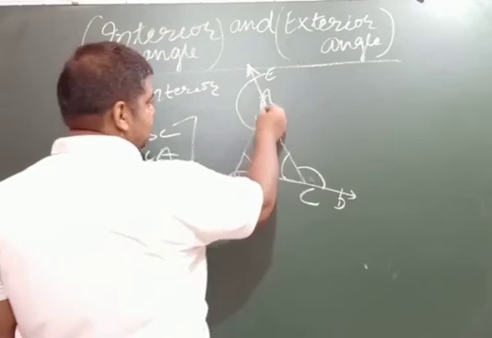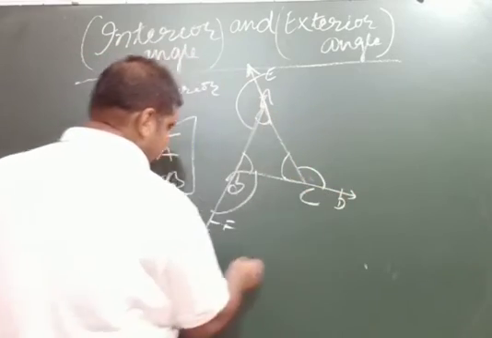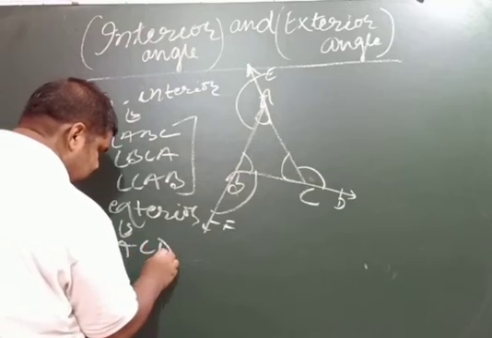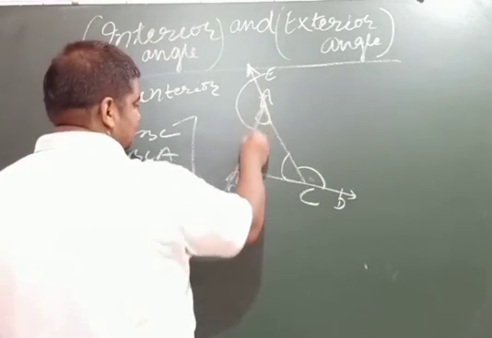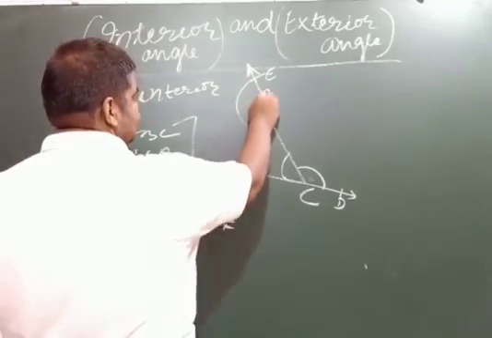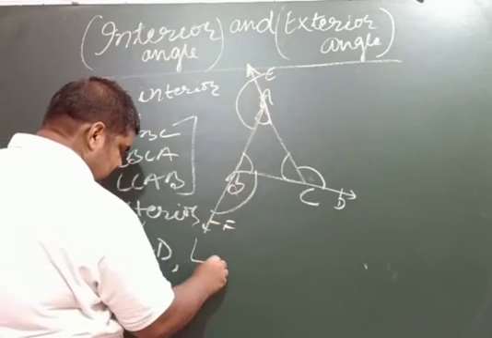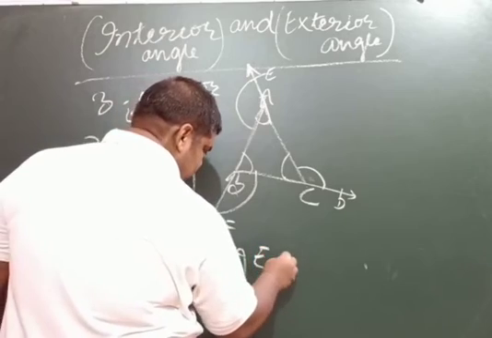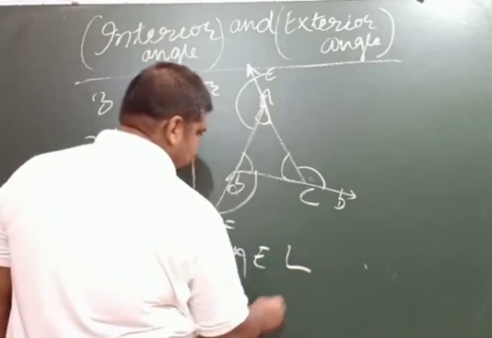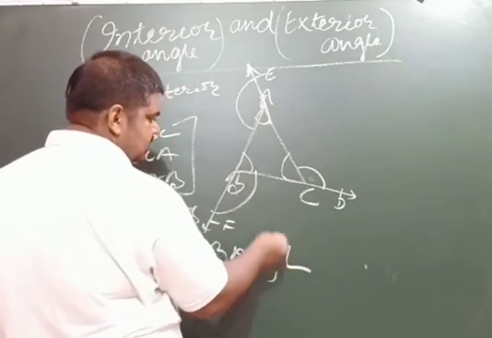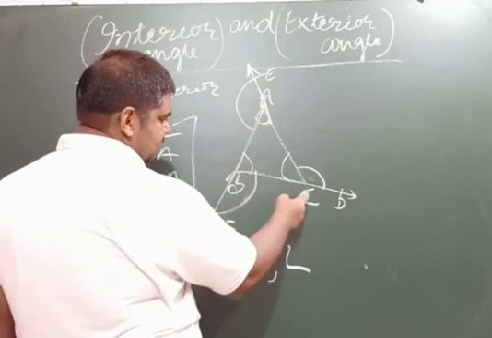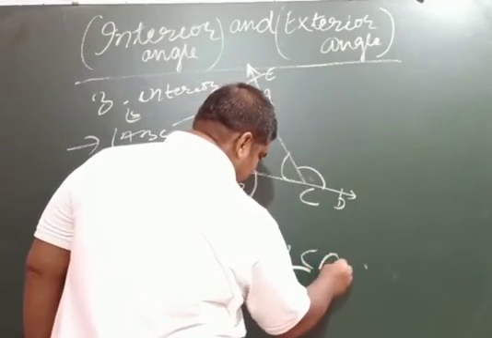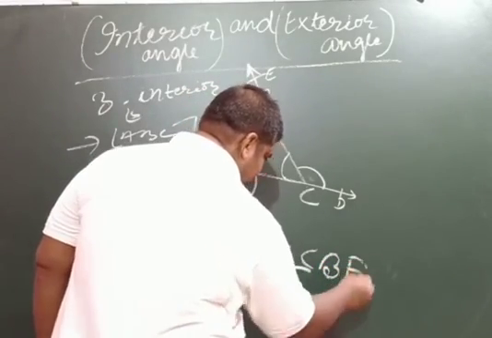You can name them angle ACD, the second angle BAE, and the third angle CBF. These names can be written in another way also.